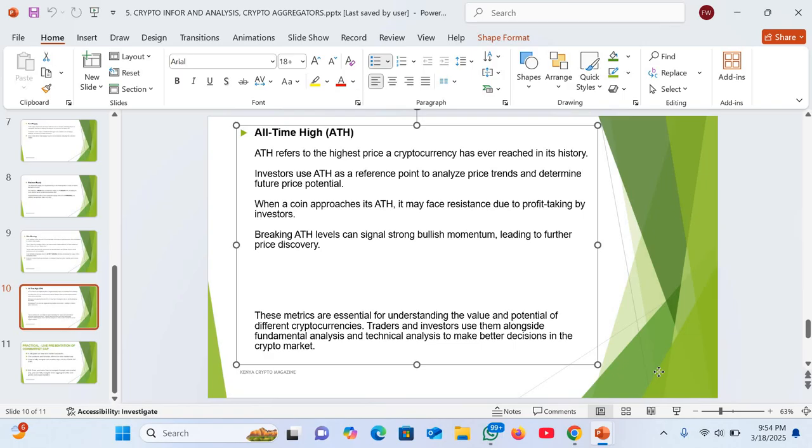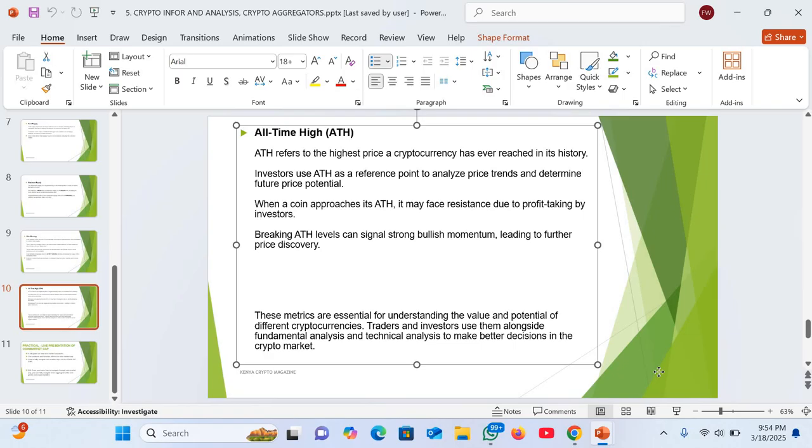When a coin approaches its all-time high, it may face a certain level of resistance, simply because some investors, some traders are taking profits. So breaking all-time highs can signal a strong bullish momentum, leading to what we call price discovery. In this case, I'll use an example of Bitcoin and also an example of Pepe. I'll start with Pepe.